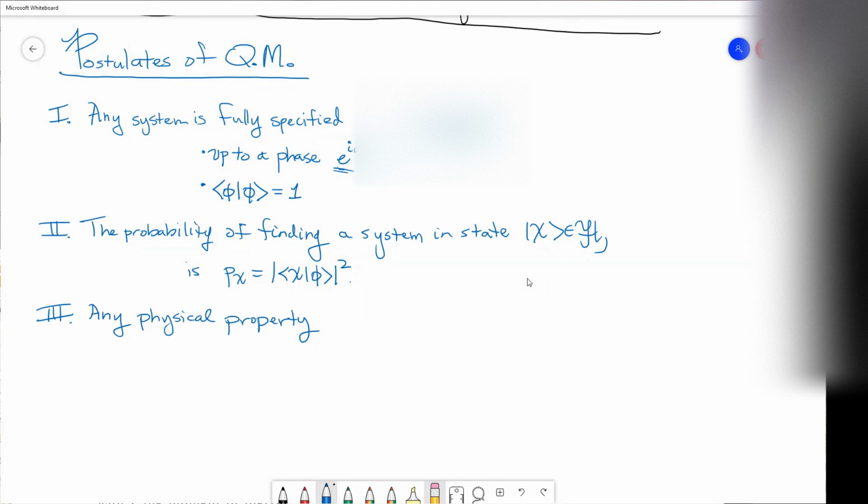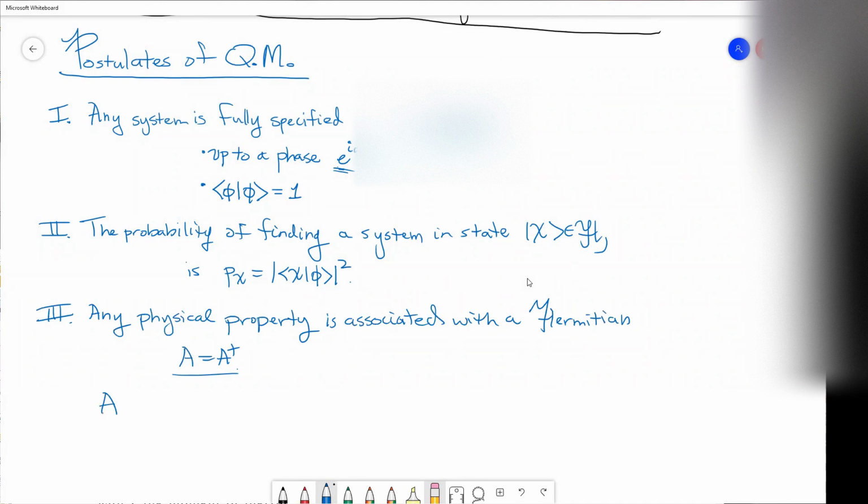Any physical property is associated with a Hermitian operator A. And that's very important, because then we know that A will have some eigenvalues, right?